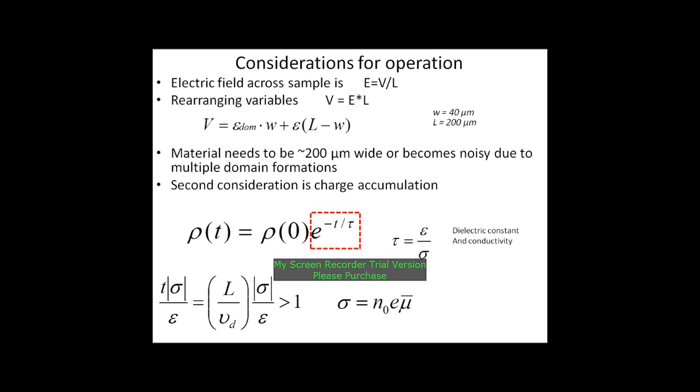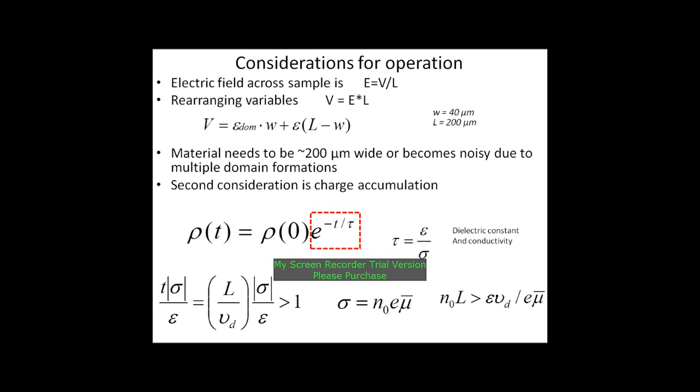So there's the mobility of the electrons in the secondary valley, and then the mobility of electrons in the center valley. So if we rearrange variables so that all material constants are on the right-hand side and things that we can change are on the left-hand side, we get the charge carriers multiplied by the length of the sample has to be greater than this quantity on the right in order for the charge accumulation to happen.